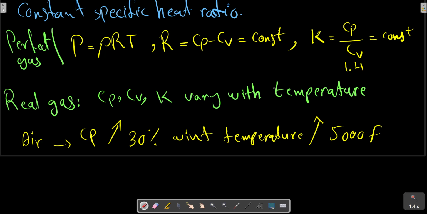From the previous chapter, recall that the gas constant is related to the universal constant divided by the gas molecular weight.